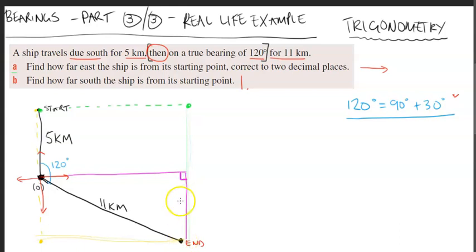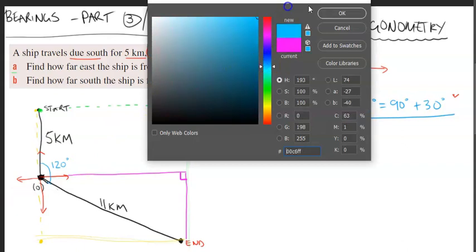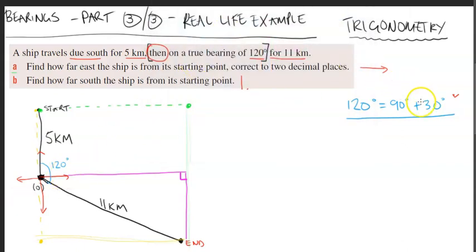There's a 90 degrees here, and here we have a right angled triangle. Now it's not obvious to do this, okay? This will help us out for both of the questions. And the second thing I'm going to put in is, remember this fact here where I said that this 120 degrees is a 90 plus a 30? Well, there's a 90, meaning that angle in here has to be 30 degrees. Alright, there's a 30 degrees.